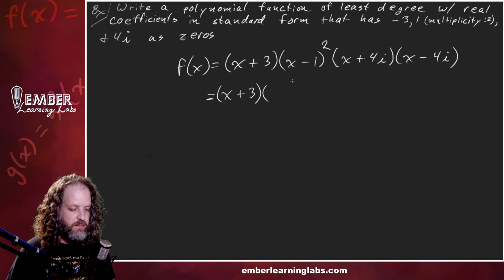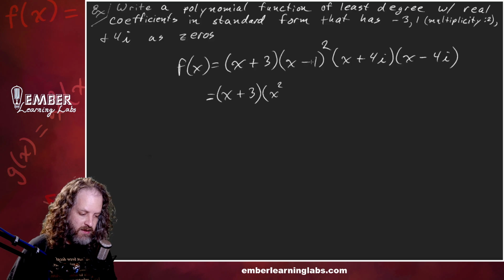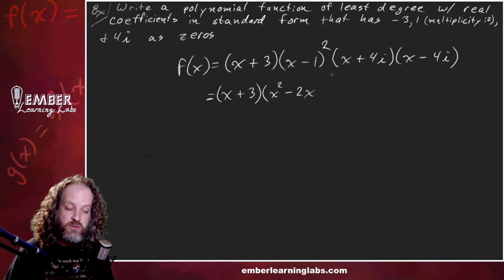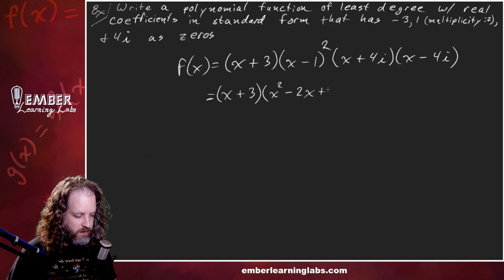This is going to be a squared, so x squared, plus 2 times a times b. So plus 2 times negative 1 times x is negative 2x. And then plus b squared, so plus 1 squared is still 1.